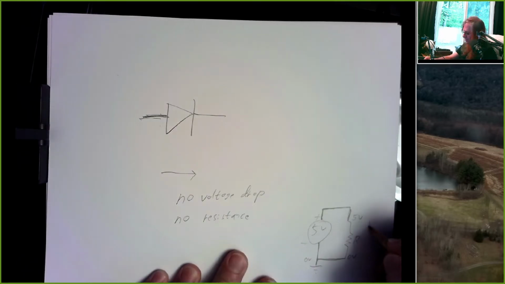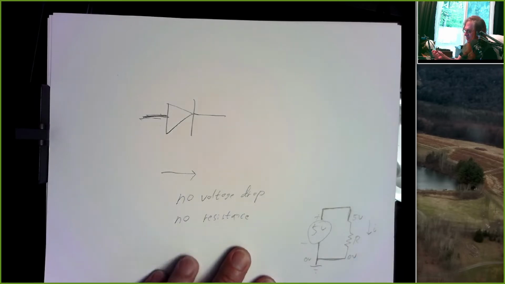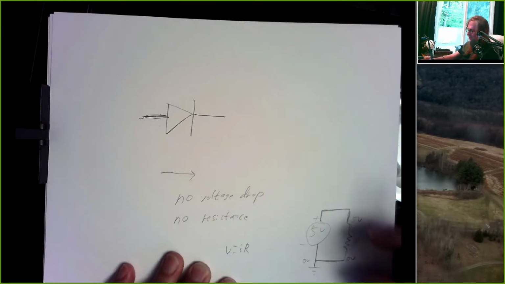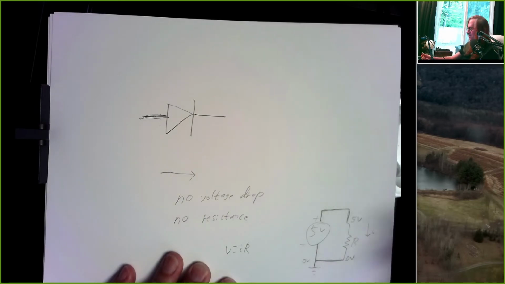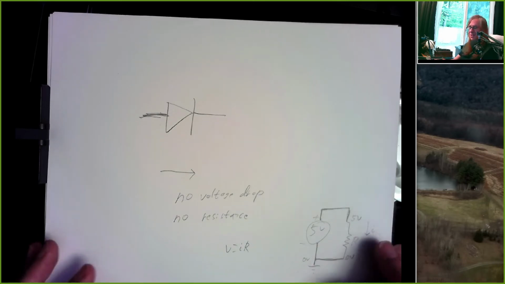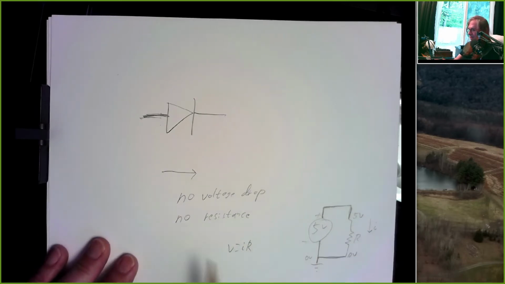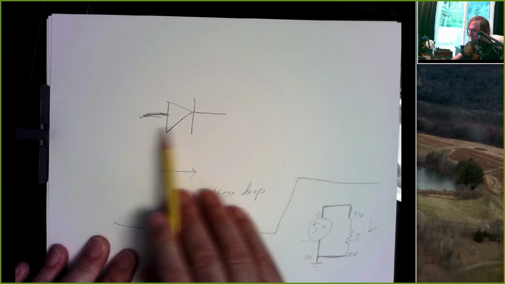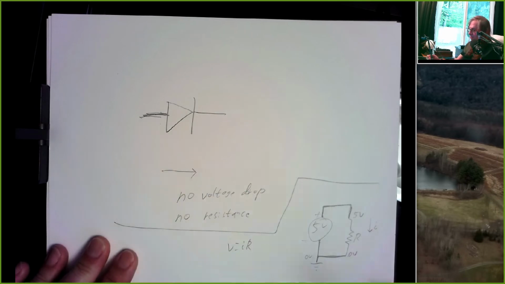And there's a current flowing. Let's call it I, and so there's this magic relationship V equals IR, which relates the voltage across the resistor, the resistance, and the current through the resistor. We don't need to worry about that too much in this course, but if we think about the case of an LED, since there is no resistance, there is no voltage drop.